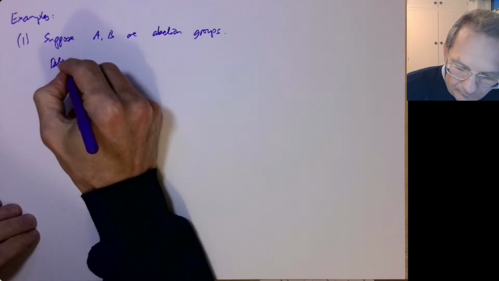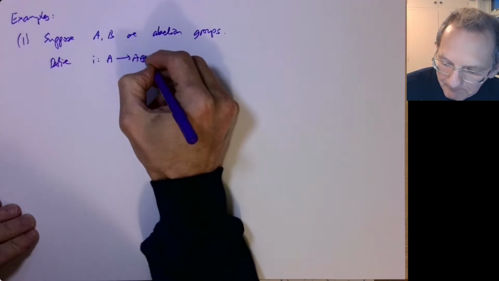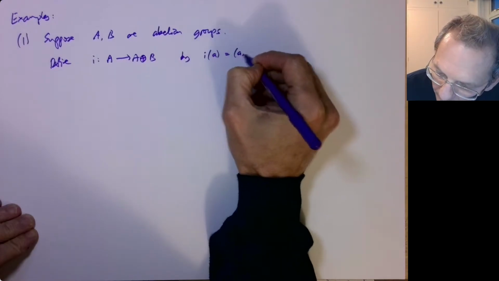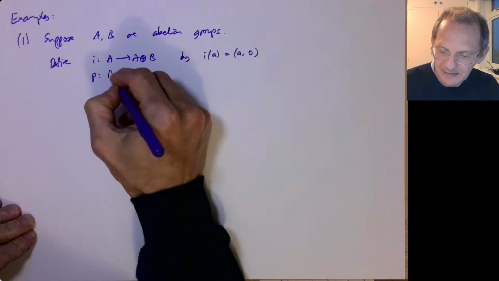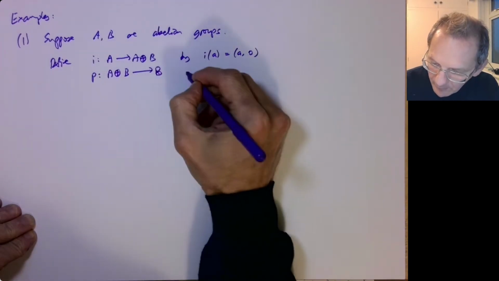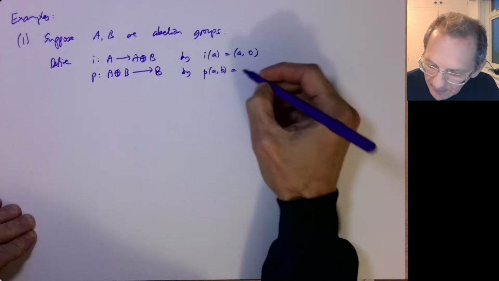We can define, say, i from A to A plus B sending a to the pair (a, 0), and we can define p from A plus B to B by p of a pair (a, b) is just b.